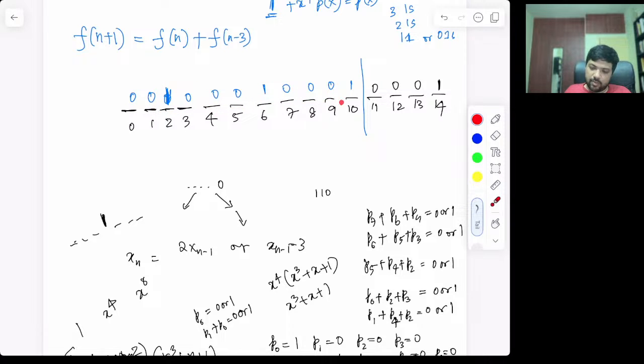So essentially the number of ones can vary. Let's say there are k ones, at locations x1, x2, x3. Then in between, the gap must be at least 3 zeros. Somehow I have to put it together to do the count.